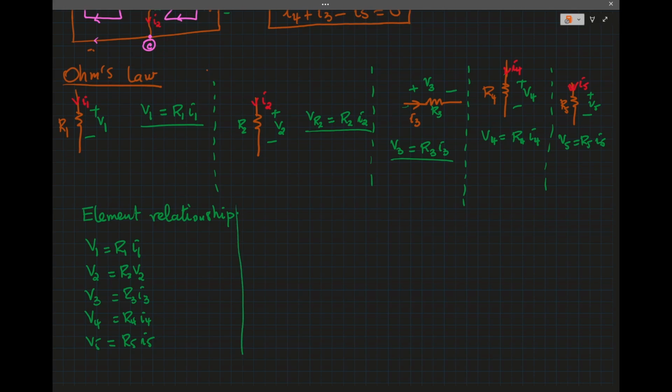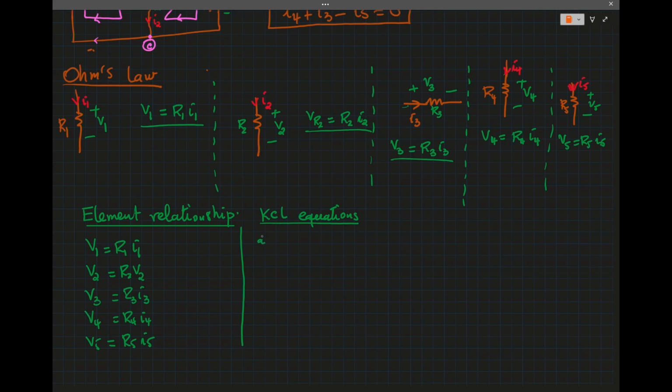Now let's write the KCL equations. So KCL equations, what do we have?